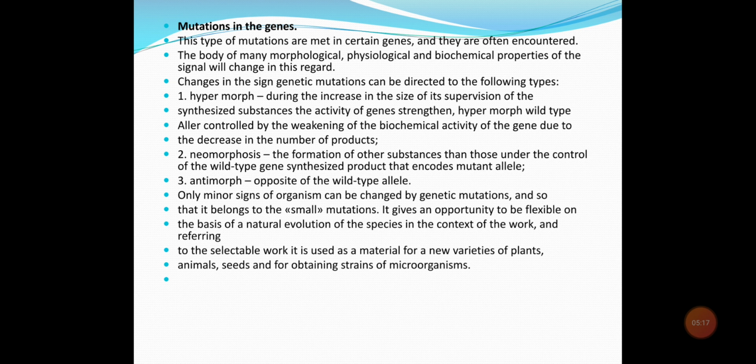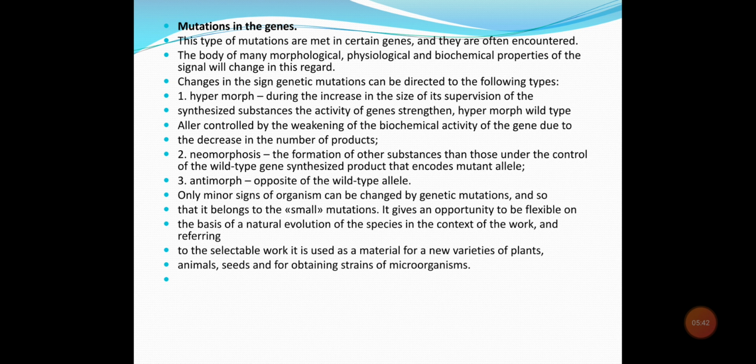Now, a silent mutation can arise either on the non-coding region of the DNA or on the coding region of the DNA. The reason a silent mutation can arise on the coding region of the DNA is because our genetic code is degenerate, and that means more than one codon can code for the exact same amino acid.